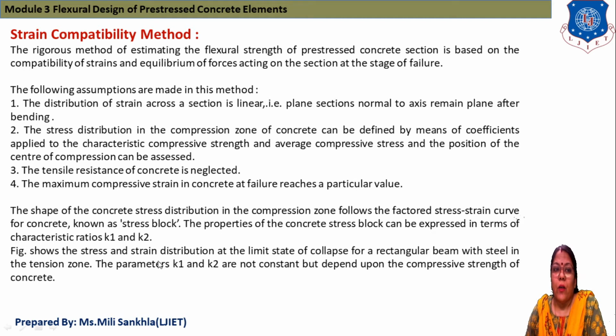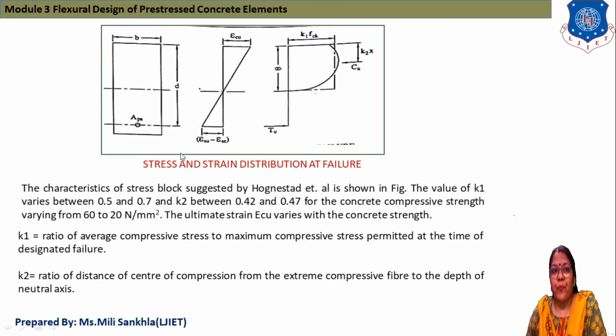Now here in this figure, the cross section of the beam is given, that is B, and depth is D. Here the cable is provided. This one is our stress diagram, epsilon Cu, and here at the bottom fiber epsilon Su minus epsilon Fc, and this is our strain diagram, and at the top fiber K1 Fck.